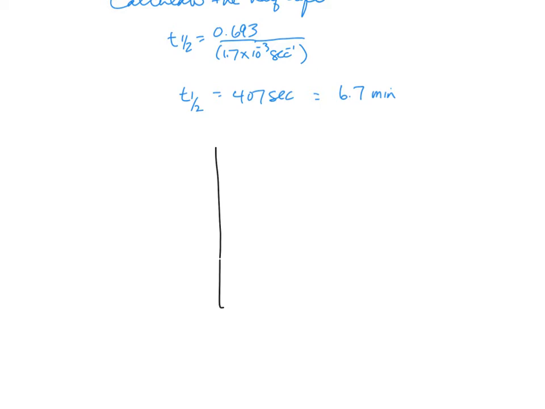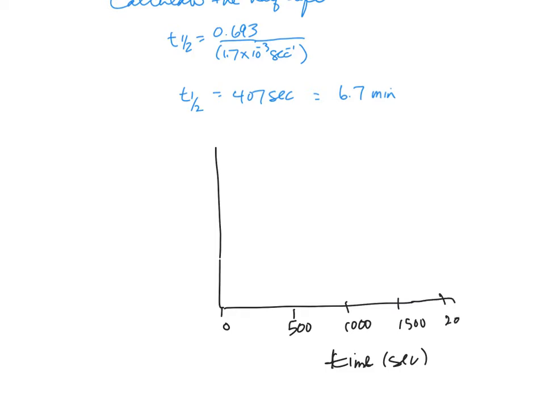All right, so then the graph here is interesting. If you go back to the data that we had earlier, the data in that table, I've been looking at this reaction for a while. Okay, so this is time in seconds: 0, 500, 1,000, 1,500, and 2,000 seconds.